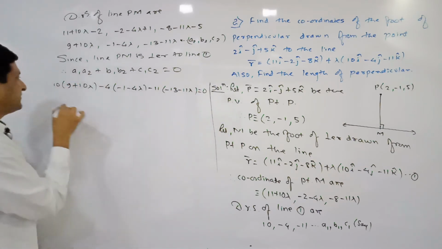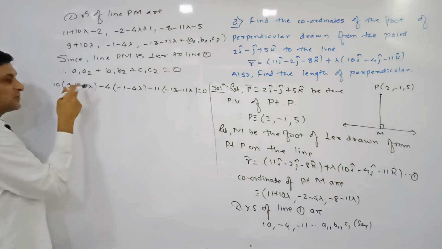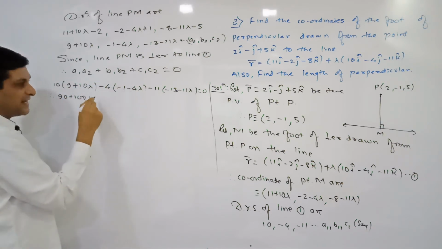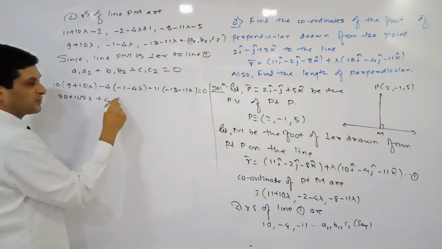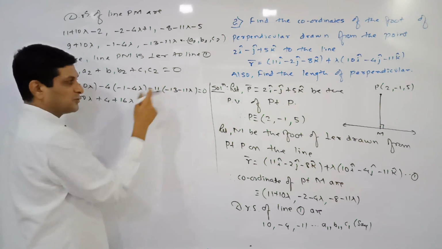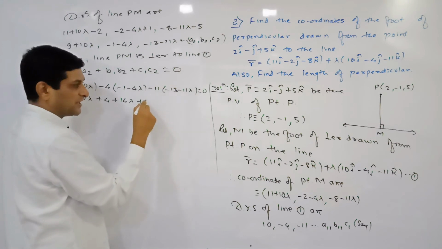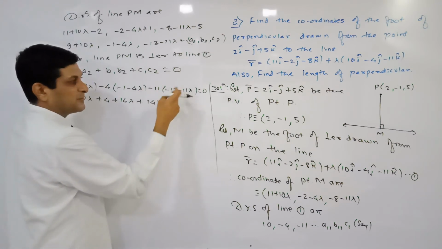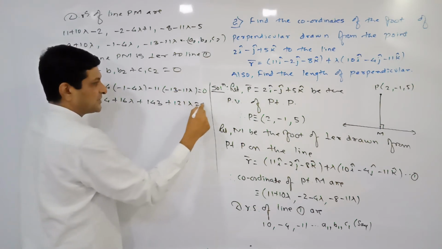So let us simplify it. 10 into 9 will be 90. 10 into 10 will be 100 lambda. -4 into -1 will be +4, and -4 into -4 is 16 lambda. -11 into -13 will be plus 143. Minus into minus is plus, 11 into 11 is 121 lambda, is equal to 0.